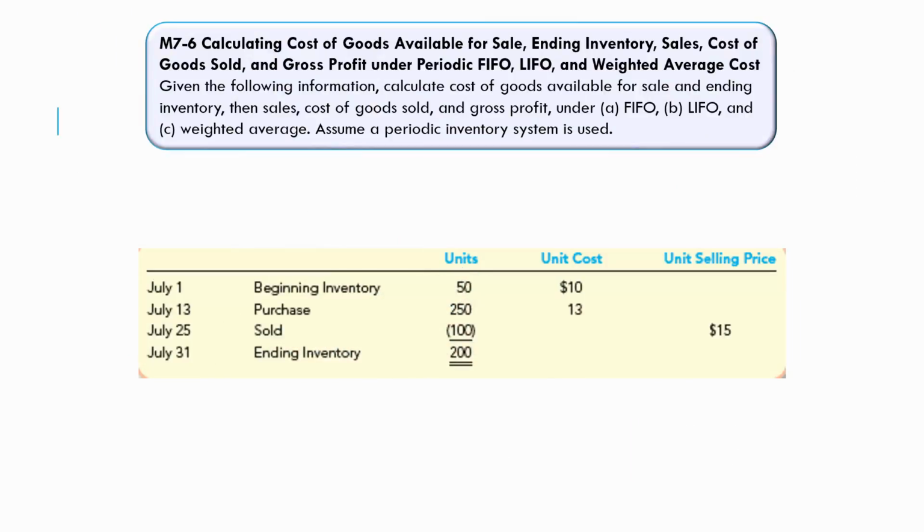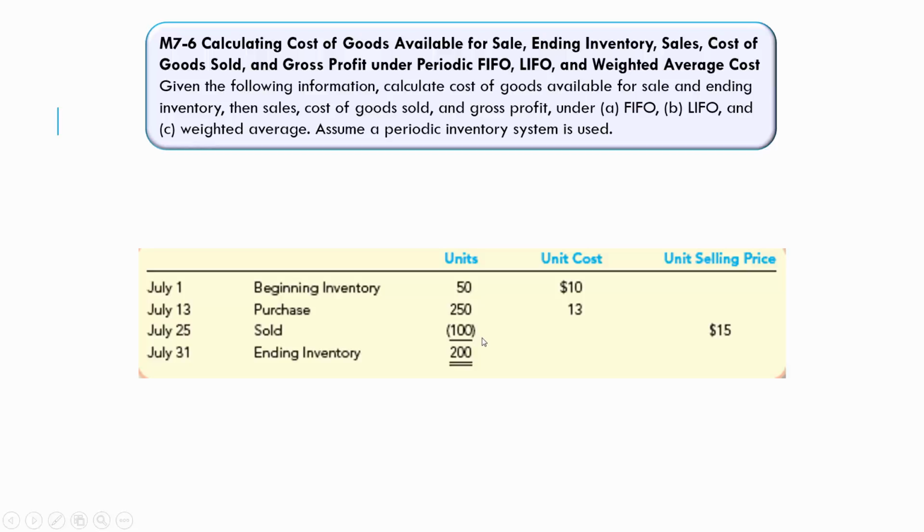Our first problem here then, we have beginning inventory which consisted of 50 units at $10. We made a purchase on July 13th of 250 at $13, and then we're going to sell 100 units.